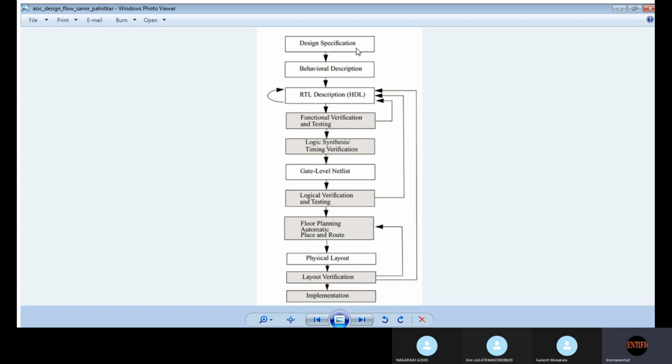The first thing is, if you want to design any digital circuit, you need the specifications. Let us suppose Samsung wants to introduce a new mobile with a new concept. They need to give the design specification to a particular vendor.